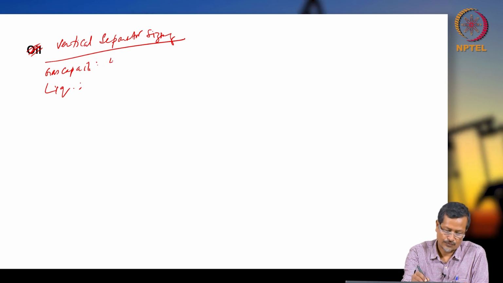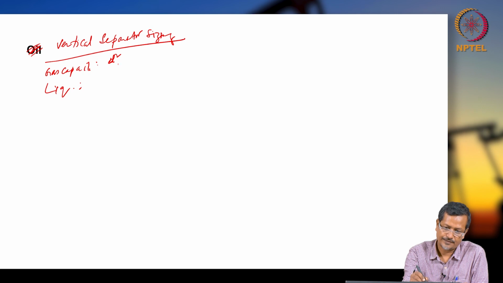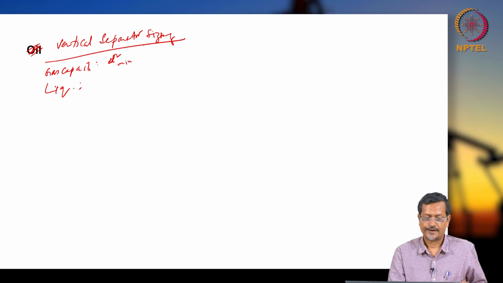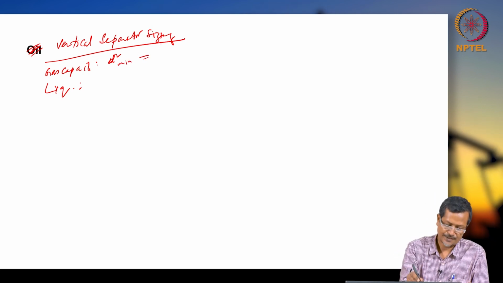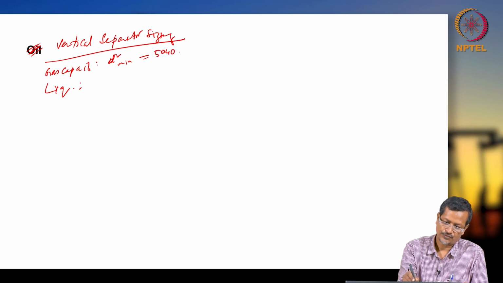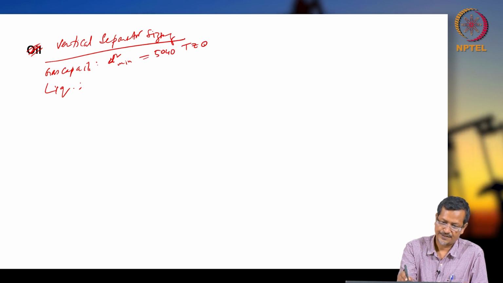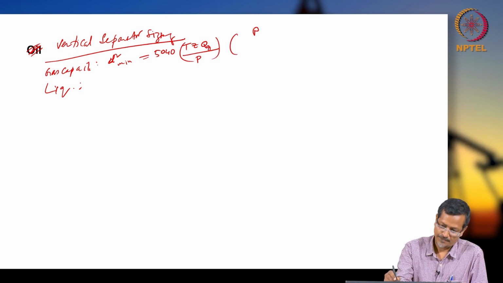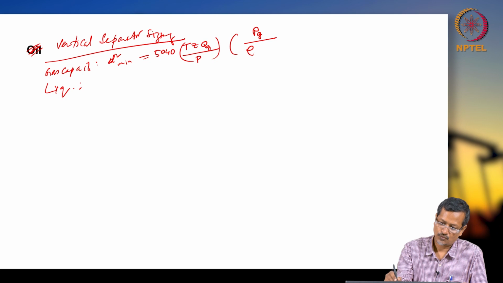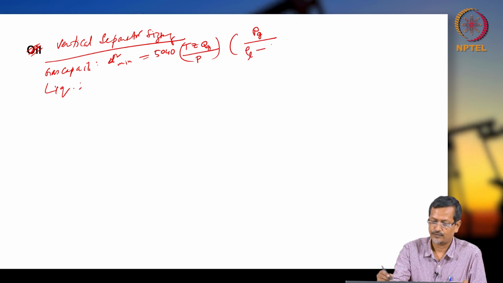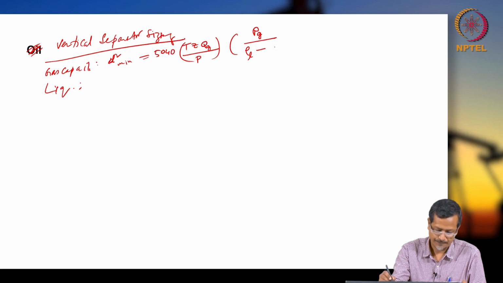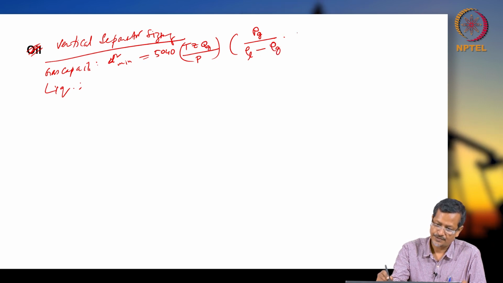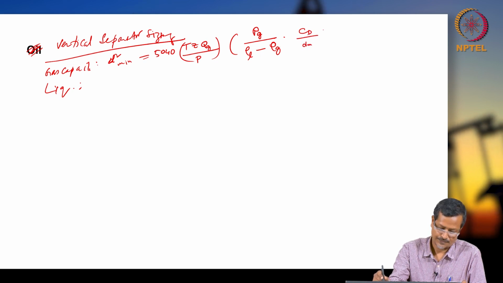For vertical separator calculation, d square min equals 5040 TZQG by P, times rho G over rho L minus rho G, times CD by DM.